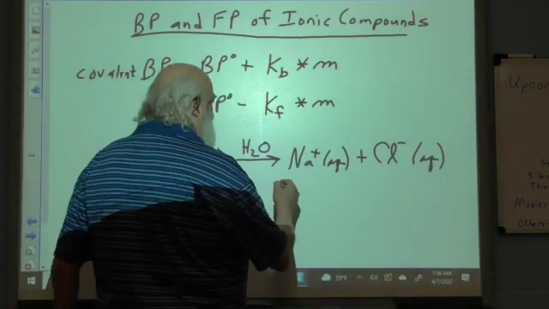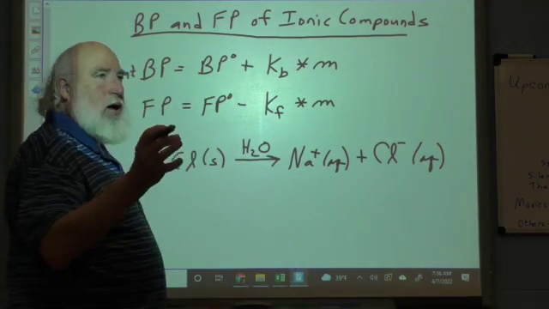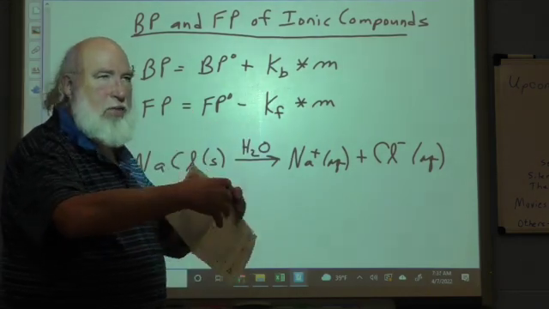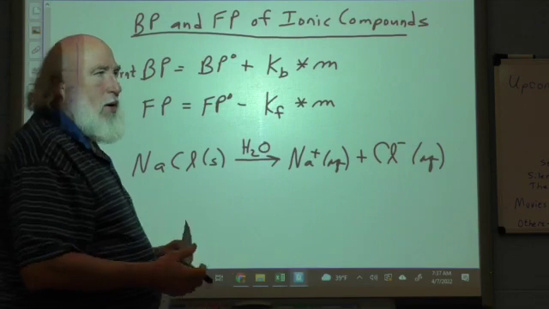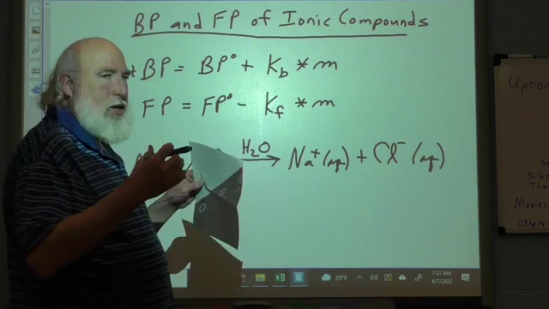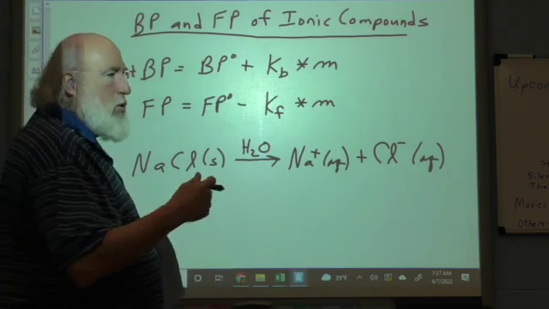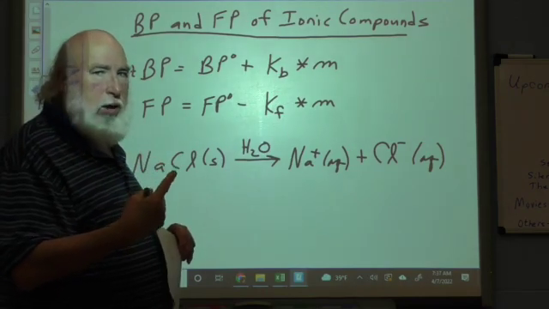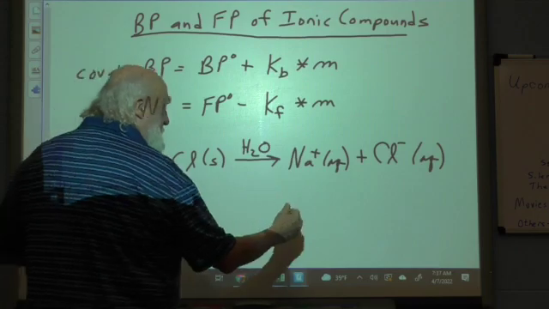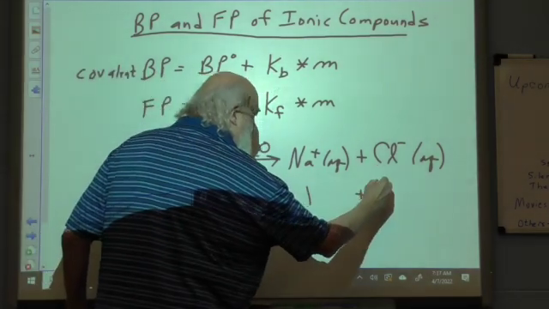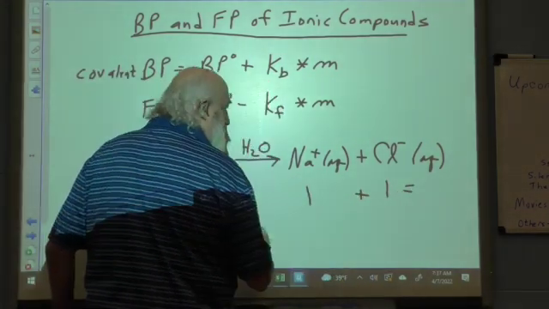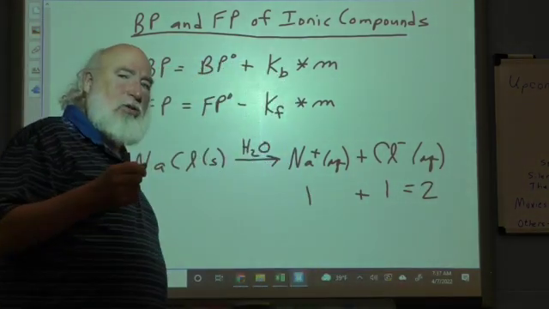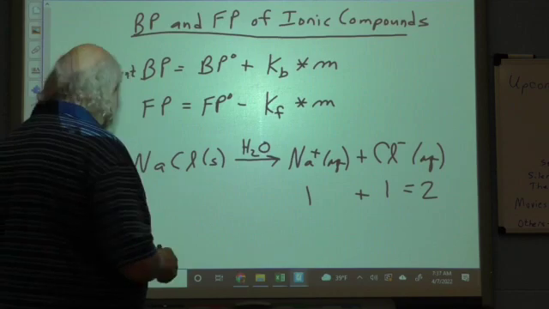If you take a look here, the covalent compounds just did not break down; the entirety of the molecule was attached to water, so you have basically 1 particle created in the solution. In this case, you have 1 of these ions and 1 of these ions, and now you've got 2 particles in the solution that the water is going to bond to.